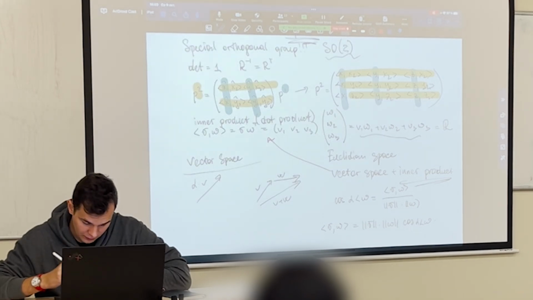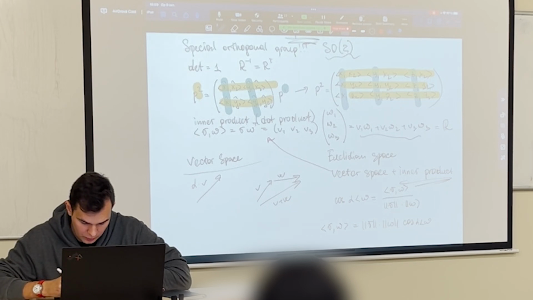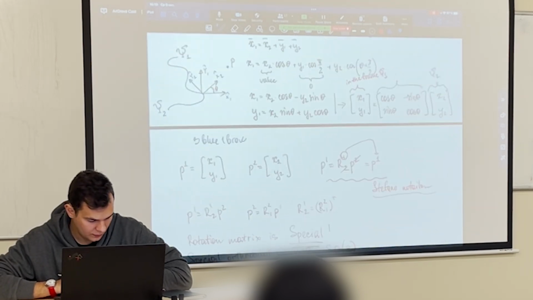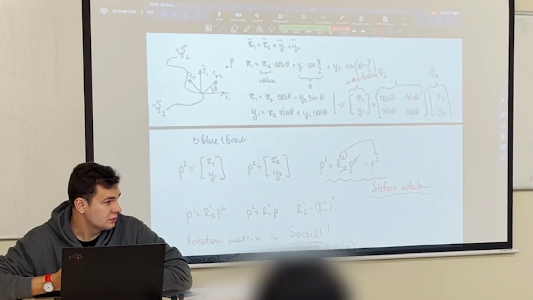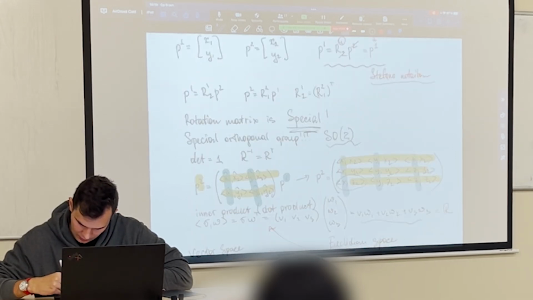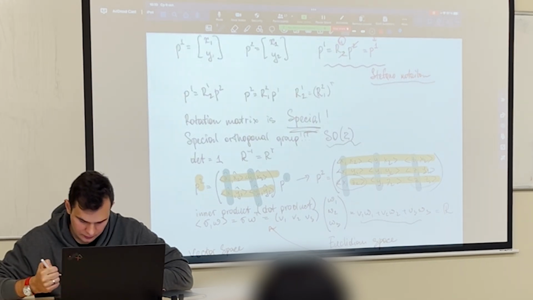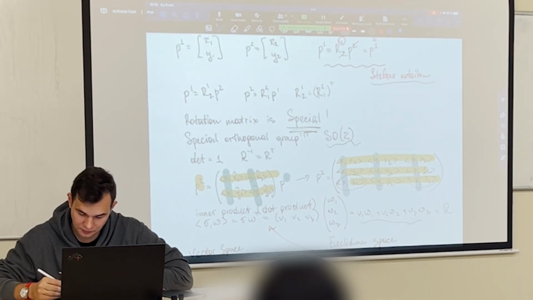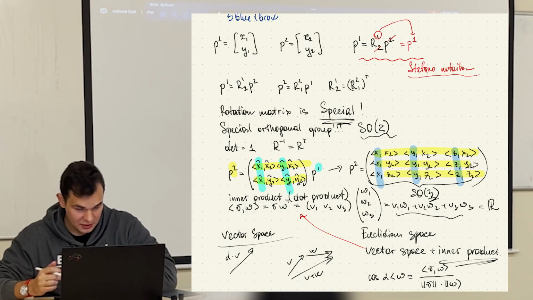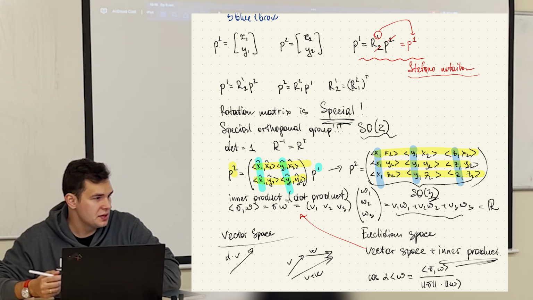And for example, for the system that we just derived, what will be the value for x1 times z2? 0. And what will be z1, z2? 1. Since it is the rotation along the z-axis.